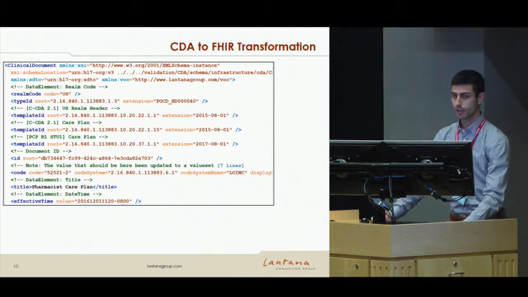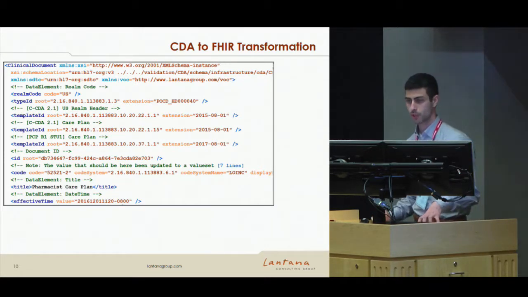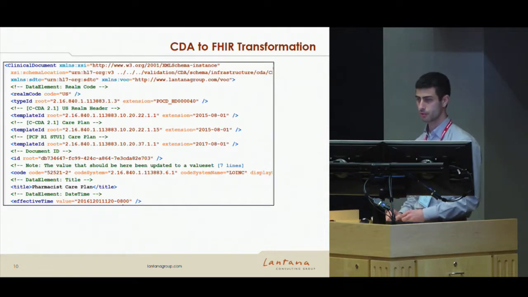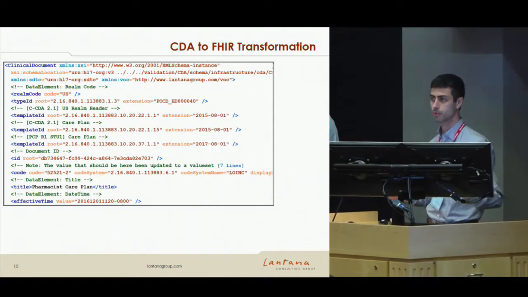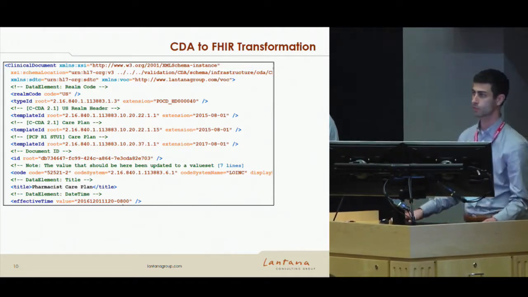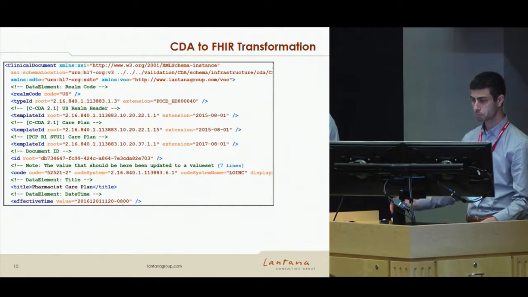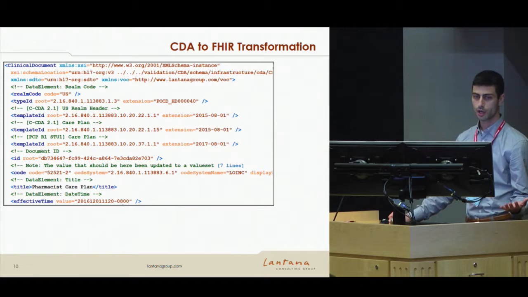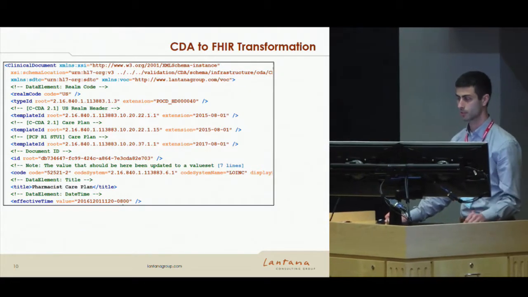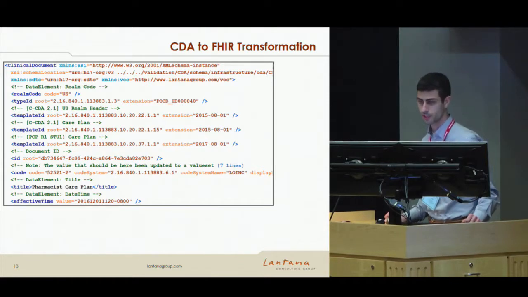So when you start off, let's say you are a vendor and you decided to develop on FHIR. You wanted to do this completely based off of FHIR, but you still wanted to work with competition, if you will, that decided to invest on the CDA side. So you receive this CDA-based document that's a Pharmacist care plan, and this is one of the samples that came through the implementation guide.